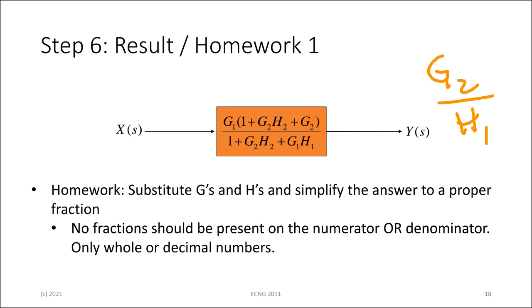Generally you shouldn't get any strange numbers appearing, though occasionally, depending on the constants in the system, you might. And in a real system, you shouldn't get anything like H1 squared or G2 cubed. You shouldn't get blocks to powers. Not normally.